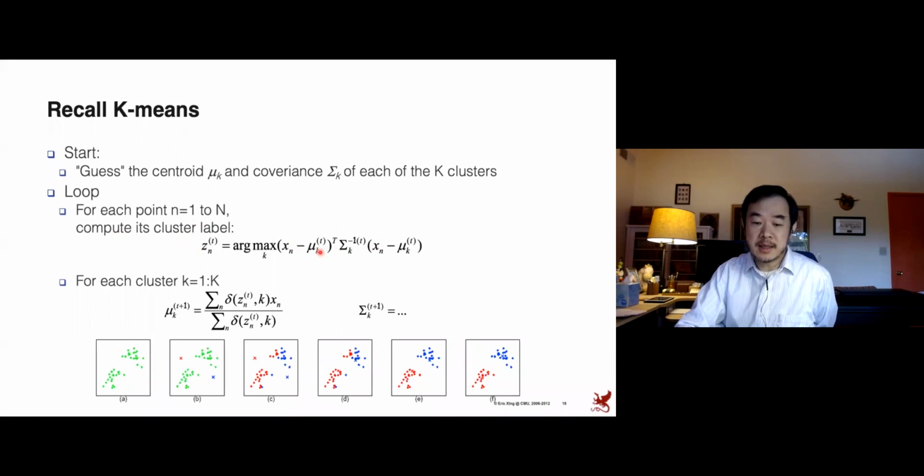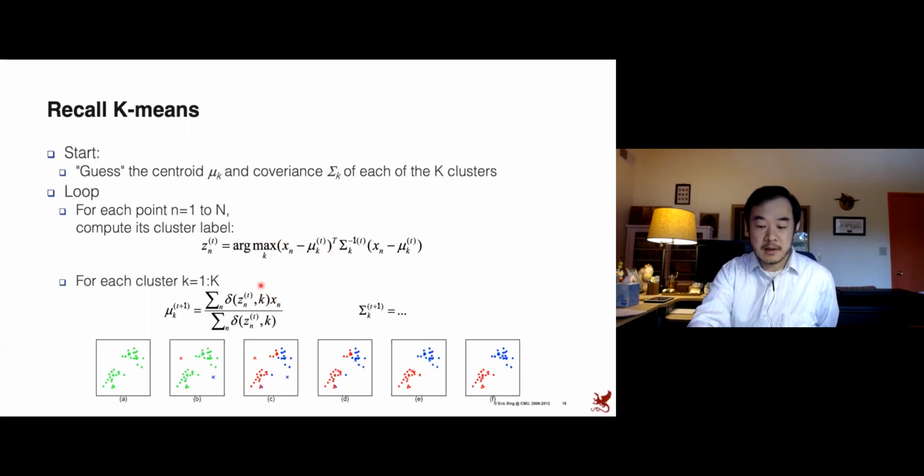In fact, I think it's argmin. Sorry about that. It's going to be picking the closest center that I'm going to belong to. And then in here, you are going to count every data point in a hard fashion. It's a hard assignment. It's a delta function: you are either in this cluster or in the other cluster.